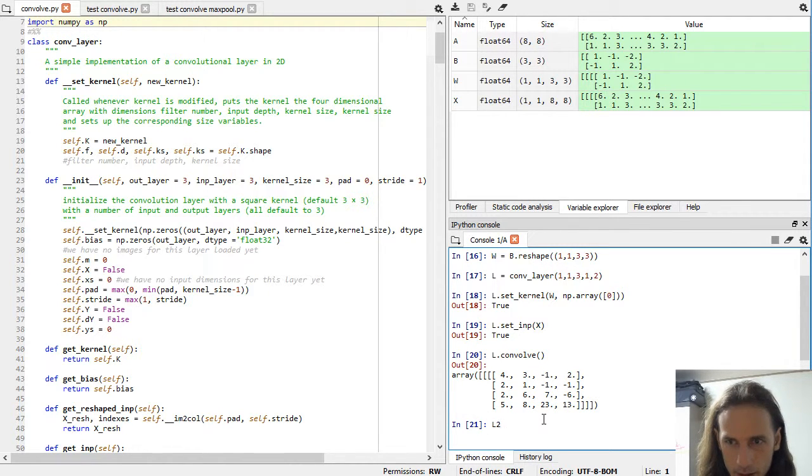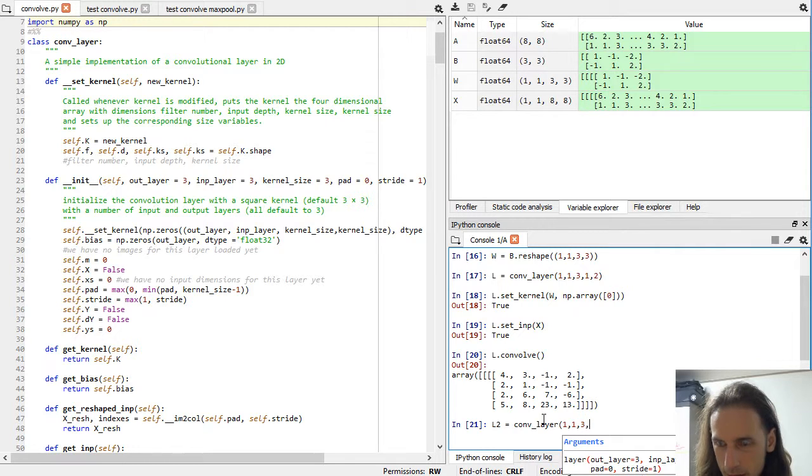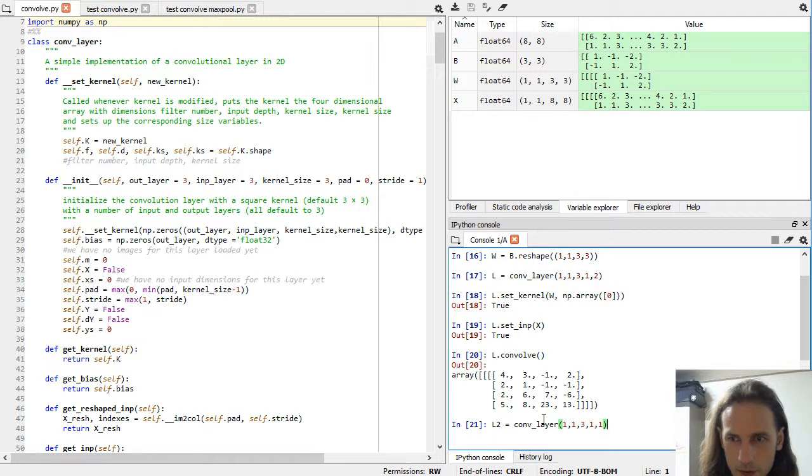If I make L2 a convolution layer of the same size, but with one padding and one stride, so keep the padding but change the stride, and set the kernel, oh, it's L2. What am I doing here?